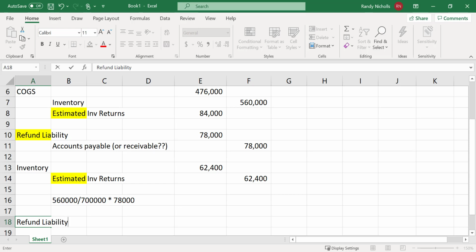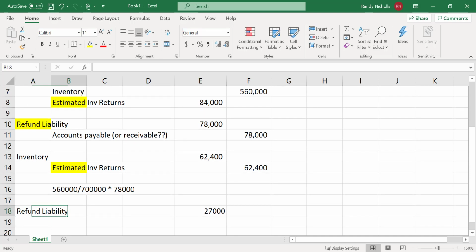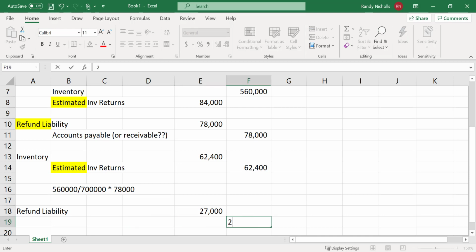And this is normal accounting too, right? My estimate wasn't perfect. And as I figure out my estimates are wrong, I want to fix them when I get better information. So in this case, I've got 27,000 of refund liability that I'm not going to need, so I can get rid of it. What's my offset going to be to that? What's my credit here?